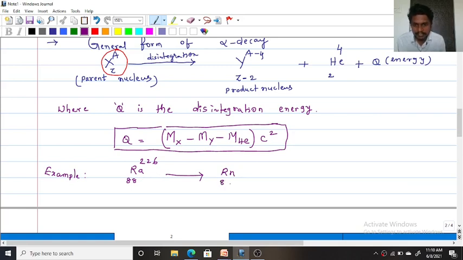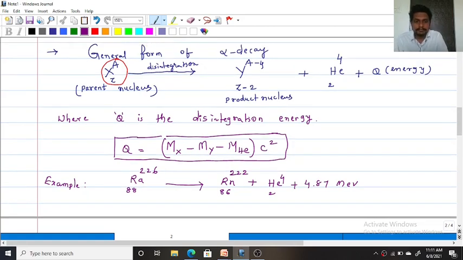The atomic number decreases by 2, so it is 86, and the mass number decreases by 4, so it is 222, and we get helium with atomic number 2 and mass number 4, and 4.87 MeV. This much energy is liberated when radium undergoes alpha decay.